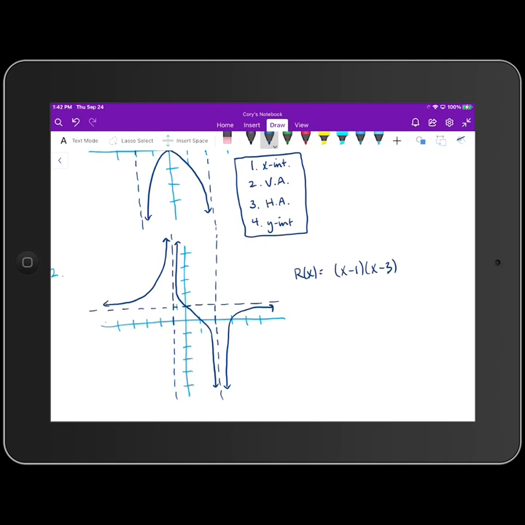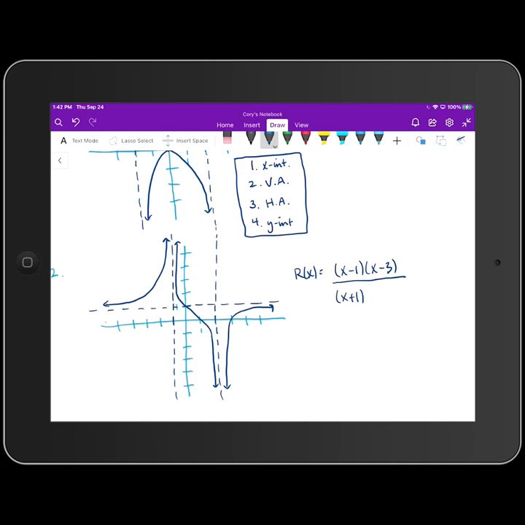Okay, next we want to look at the vertical asymptotes. So we have a vertical asymptote at x is equal to -1, which is going to make x plus 1 a factor of my denominator. And when I look at the behavior of my graph at that vertical asymptote, the graph goes in the same direction as we approach that vertical asymptote from the left and from the right.